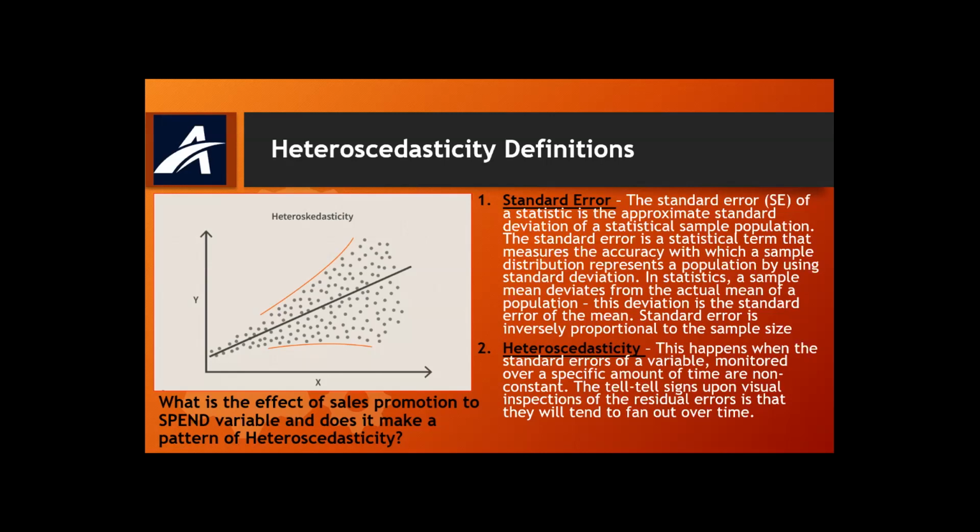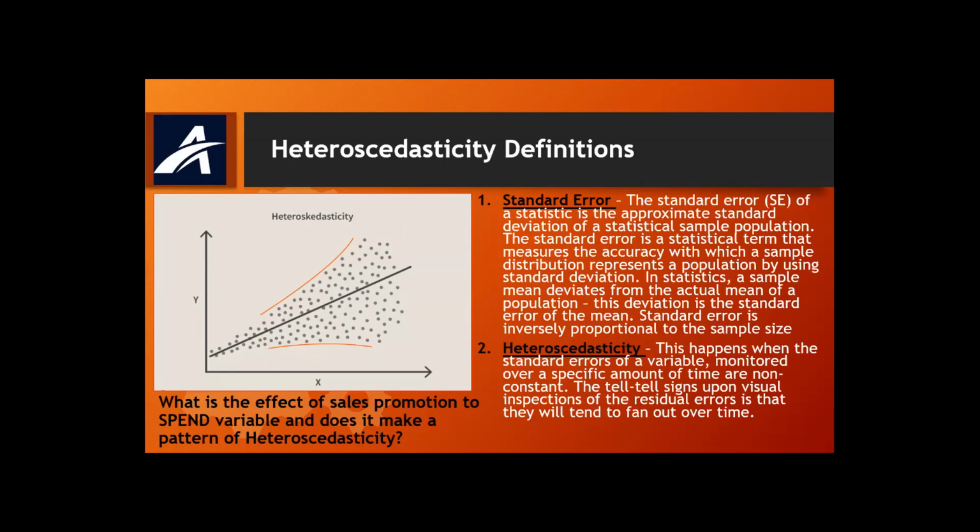But if you plot the scatter plot of standard errors and observe a pattern like what is displayed on the PowerPoint slide, then it's said to be heteroscedastic. Heteroscedastic means that as the values increase, the standard error increases, whereas the assumption is that the standard error should be the same.